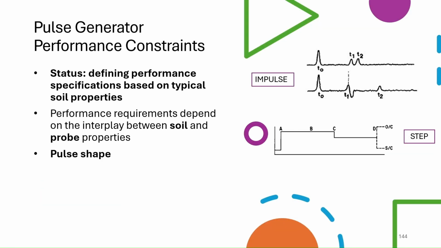And our pulse generator defines performance specification by a set of typical soil properties. This is the performance requirement dependent on the interplay between the soil and probe properties and the pulse shape, which is visible here.